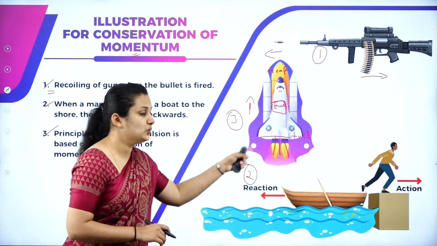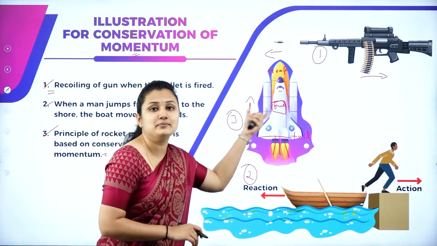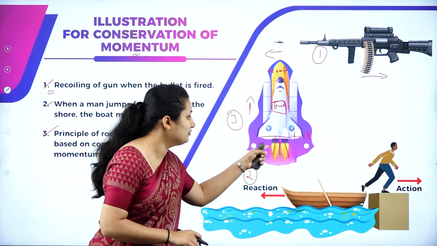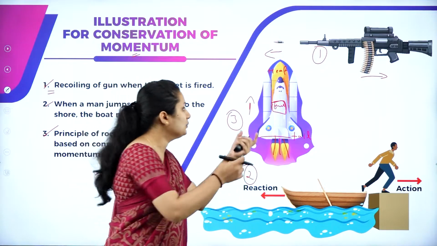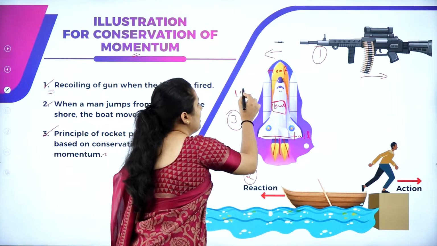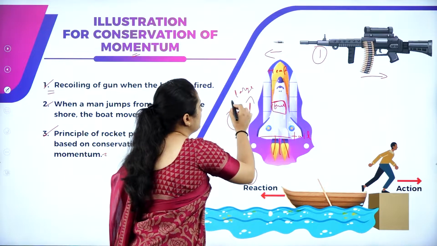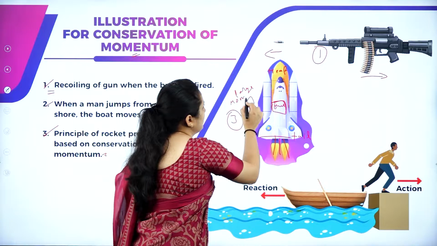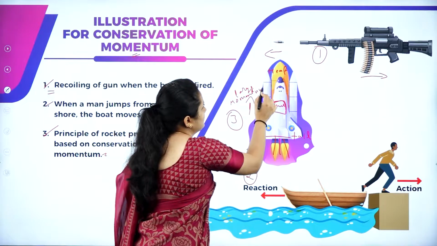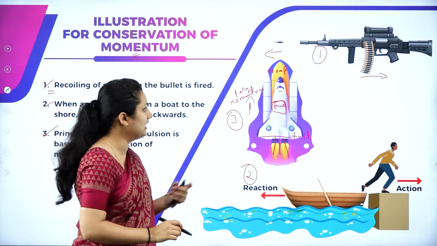Thus, the rocket will move upward with the same change in momentum as that of the ejected gas.